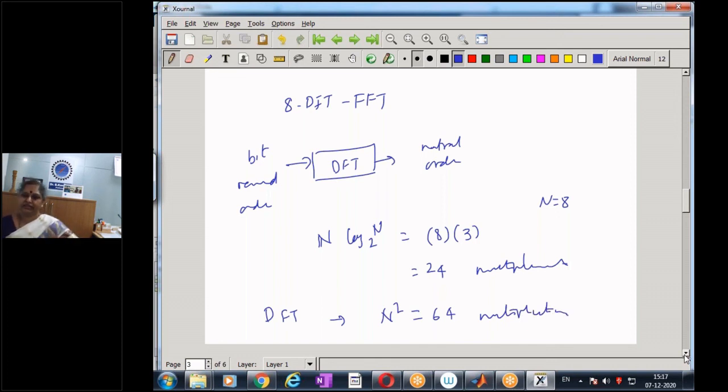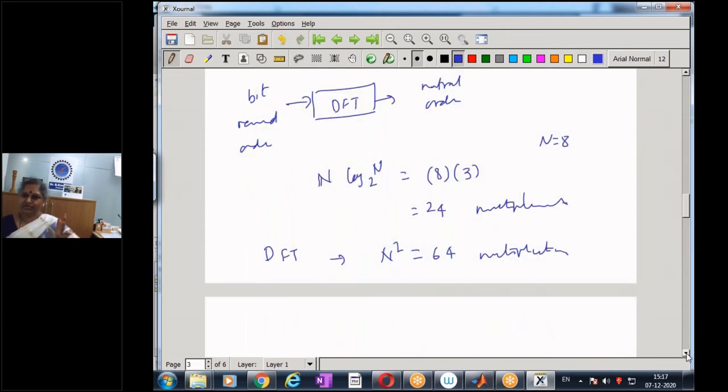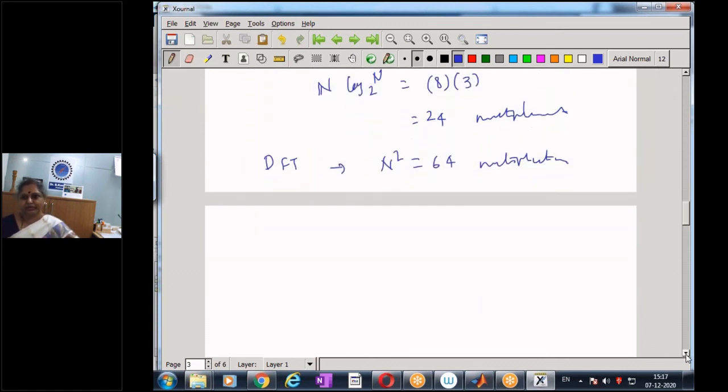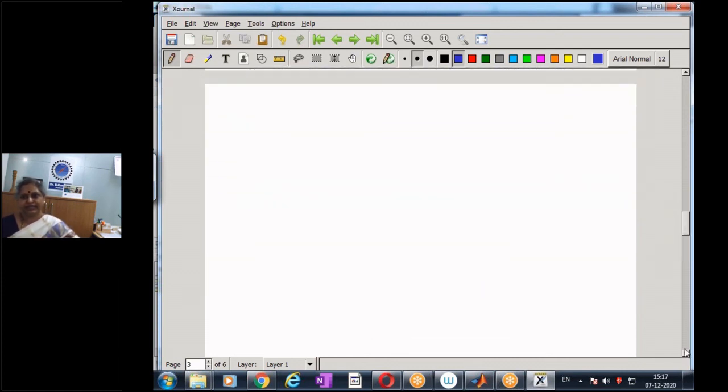So we started off with an example of a 2-point, a 4-point DIT FFT algorithm, and we have extended it to the 8-point DIT FFT algorithm. On a similar method, we can extend it to 16 points. So 16 point is going to have 4 stages, then 16 point, 32 points. So we can extend this method of computation for any n which is a power of 2.